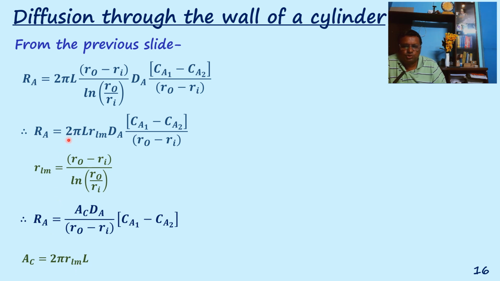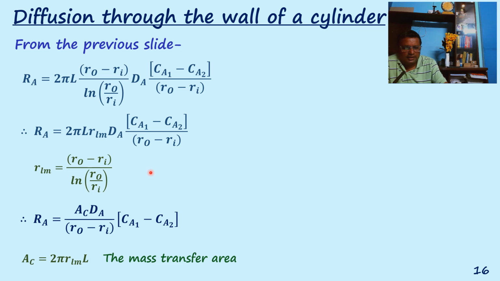I have replaced 2 pi RLM into L with AC, which is the area through which diffusion is going to take place for this particular case. So for diffusion through the wall of a cylinder, area through which diffusion occurs is 2 into pi into RLM into L, whereas RLM is a logarithmic average. RLM is the logarithmic average of inner and outer radius of the cylinder.